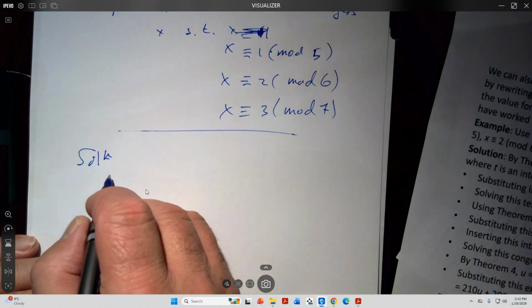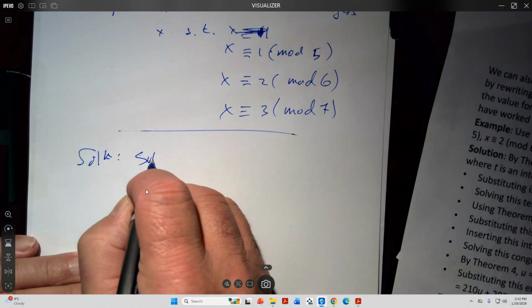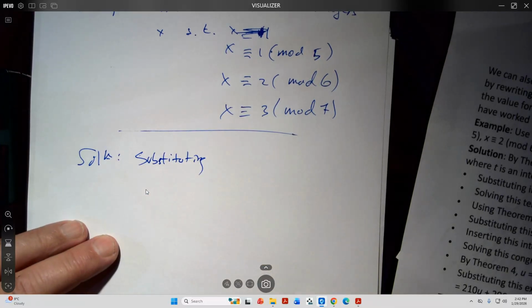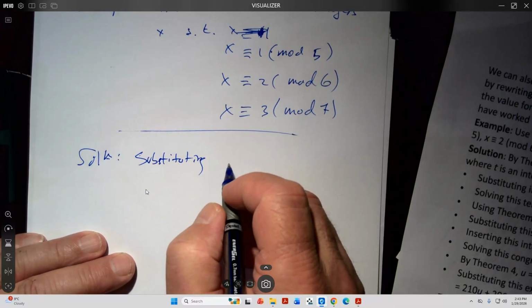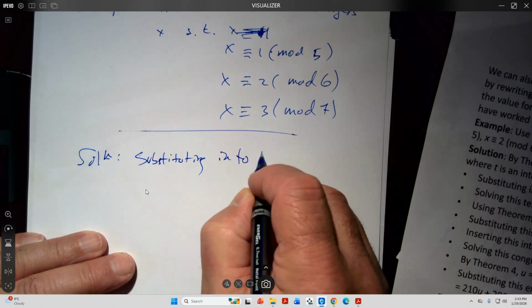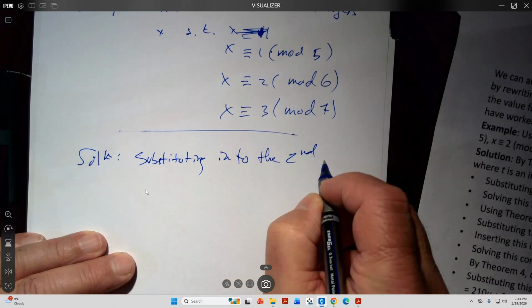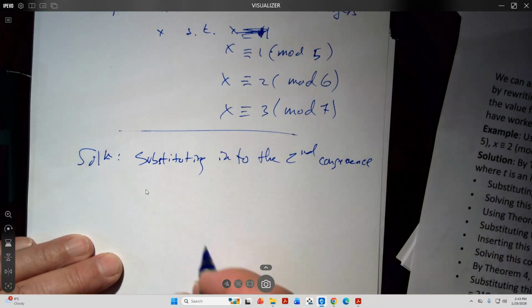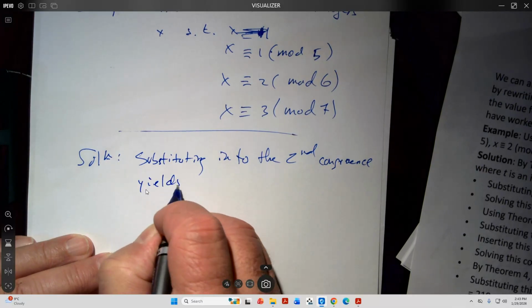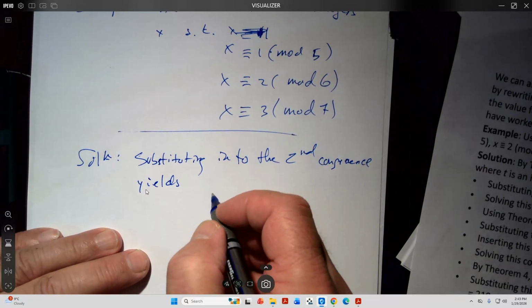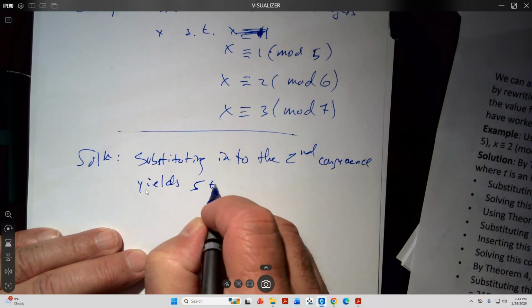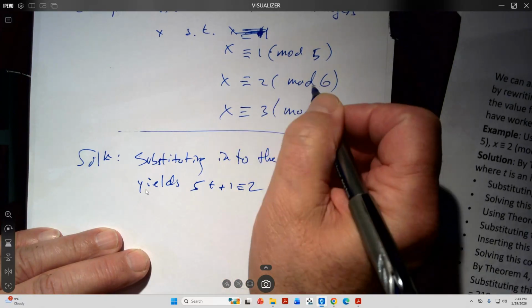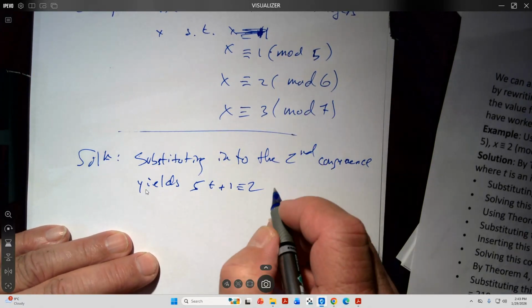Substituting into the second congruence yields 5t plus 1 is congruent to 2 modulo 6.